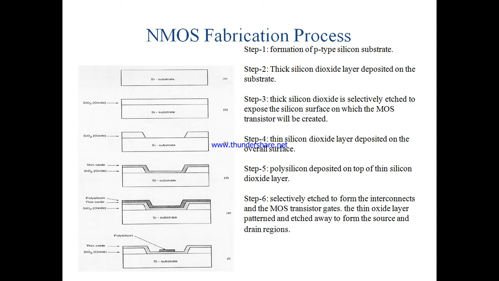And fourth step is the thin silicon dioxide layer deposited on the overall surface, that is 0.1 micrometer thickness of thin silicon dioxide layer is deposited on the overall surface.